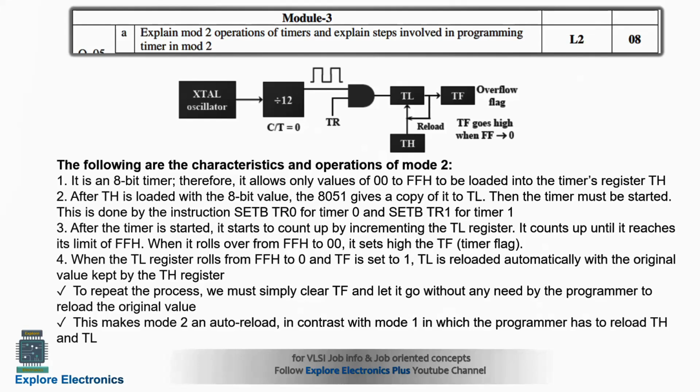It is an 8-bit timer, you need to say first, and then it will have values in between 00 to FFH, and then timer registers TH and TL. TH will be loaded with the 8-bit value, and then it gives a copy to TL. Like this you need to explain, and we need to start the timer and the flow goes like this. You need to refer to these characteristics and the operations of mode 2.